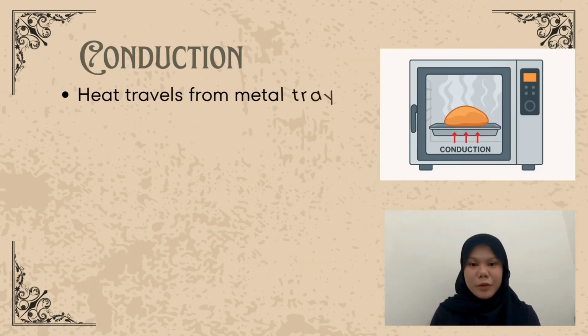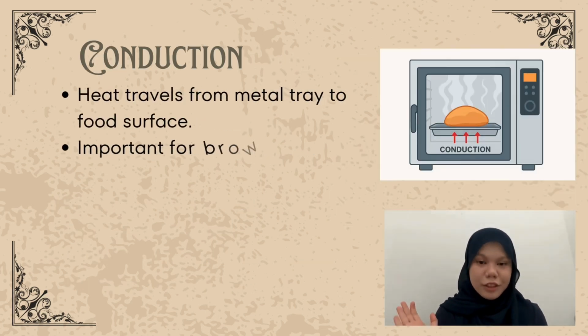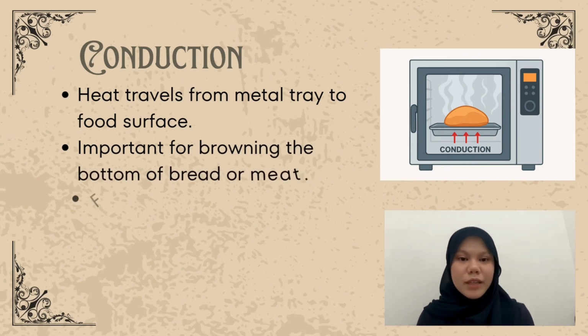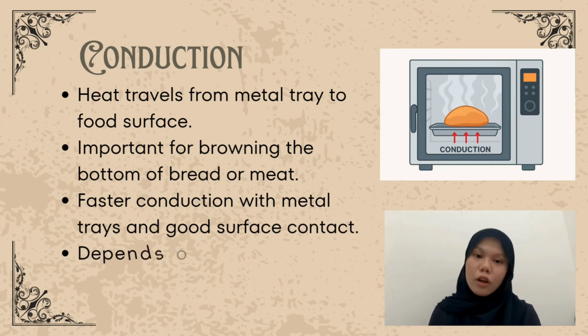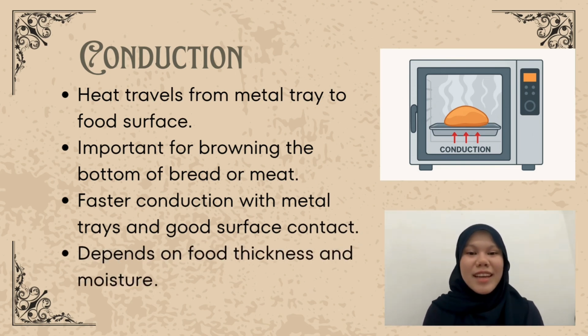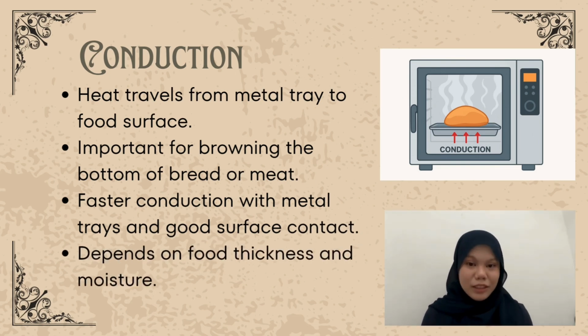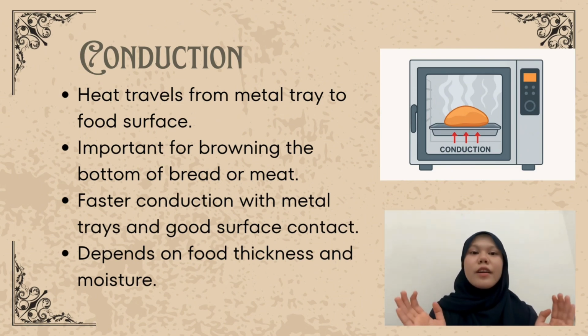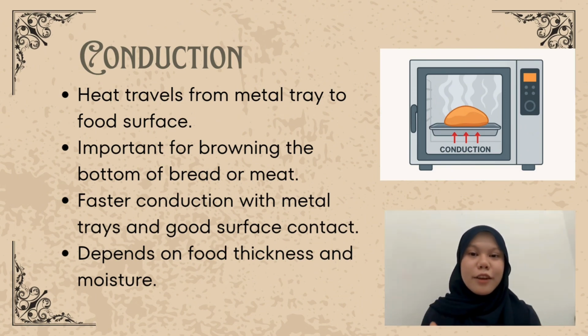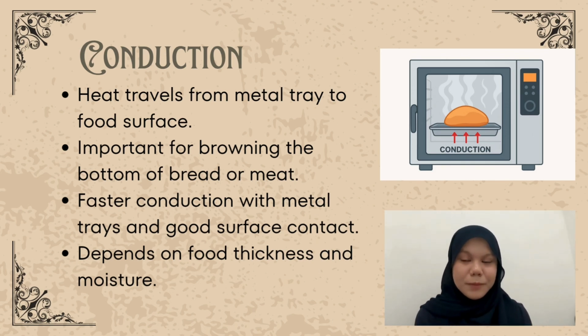So now, we're going to talk about conduction first. Conduction means heat travels through a solid surface. In the Combi oven, this happens when the metal tray transfers heat directly to the bottom of the food. This process is really important for browning the bottom of bread or meat.